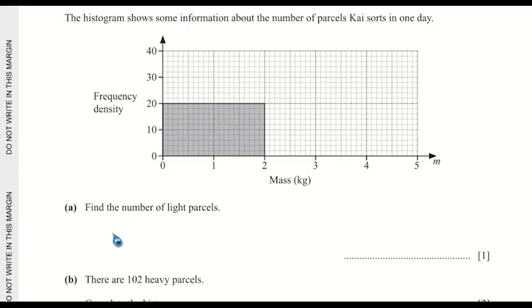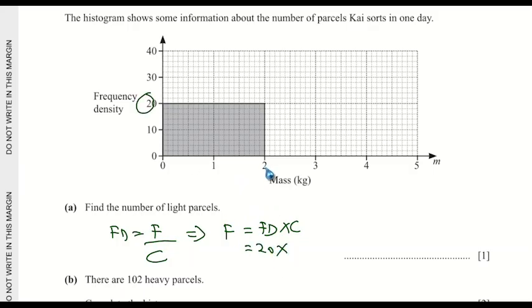We know that frequency density equals frequency divided by the class size, so frequency is frequency density multiplied by the class size. Here the frequency density is 20, multiplied by the class size 2 minus 0, that is 2. So this is going to be 40.